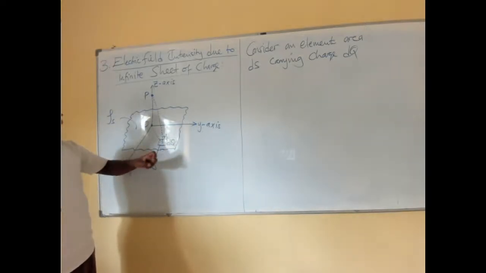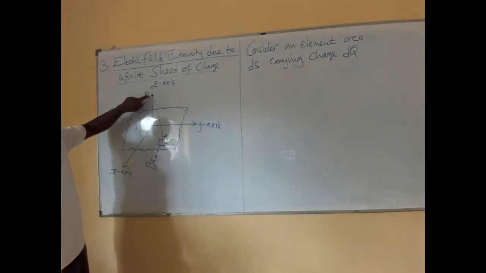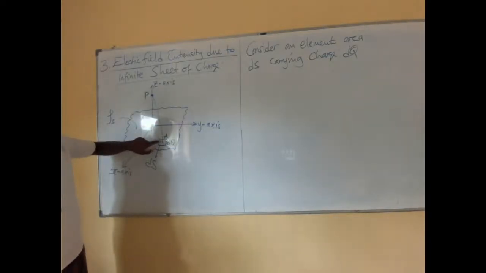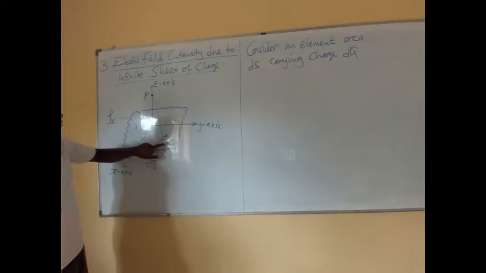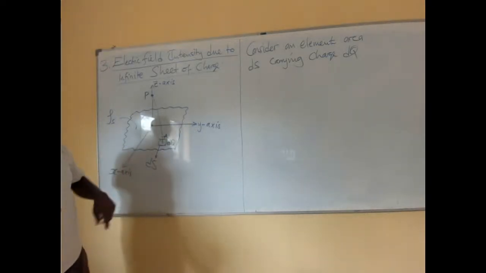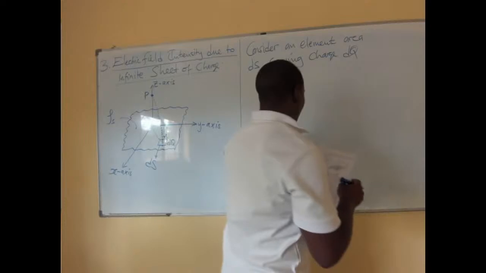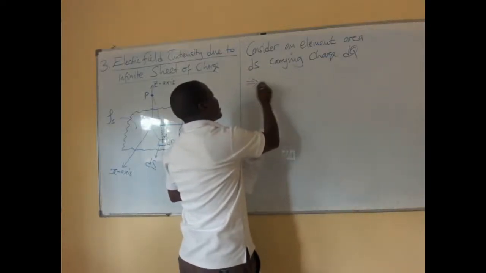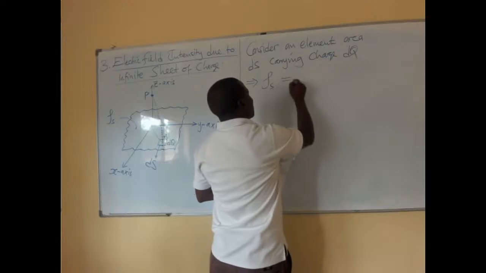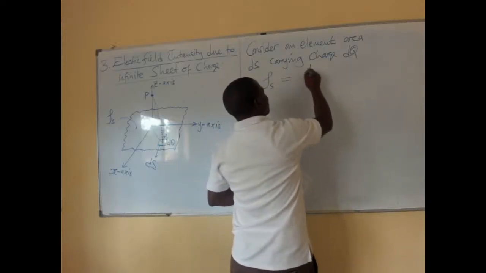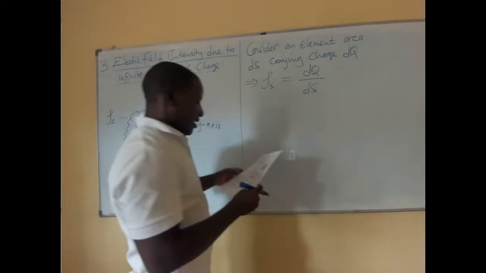Then we now need to sit at a certain point, which is at point P, and try to find out the force that we are getting from that point as a result of the small piece that we have cut there. So the surface density, which is rho s, must be equal to the charge dq divided by ds.